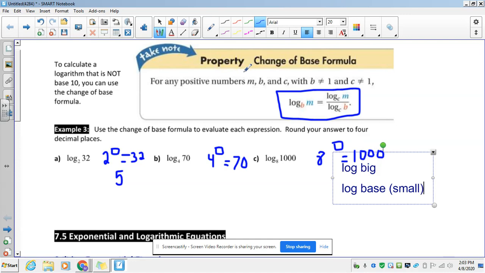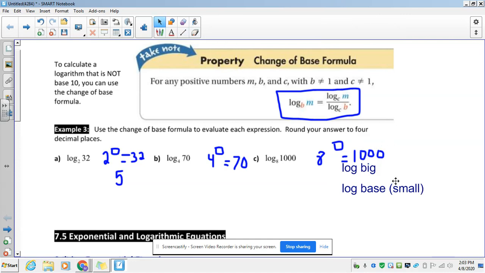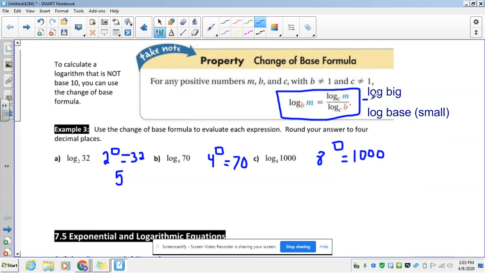That is not a mathematically correct way of saying it, but that is basically what we are doing. You're doing log of your answer, your x, so this is log x divided by log base. That is essentially what you are doing here. Log of x divided by log base. That allows you to use the calculator.